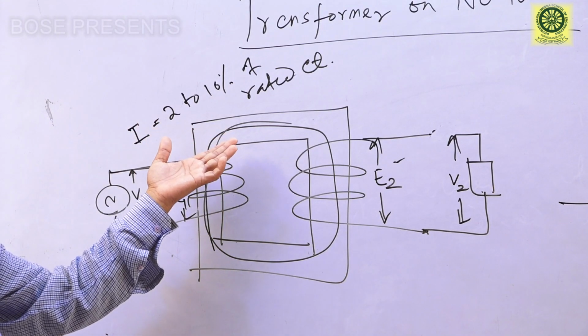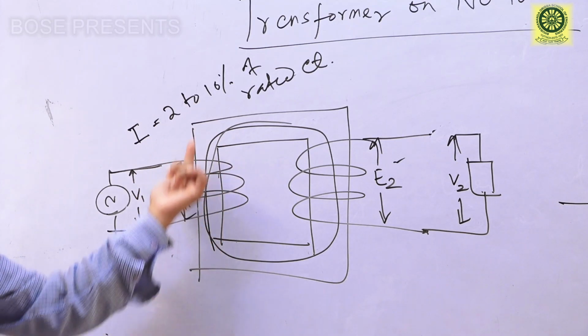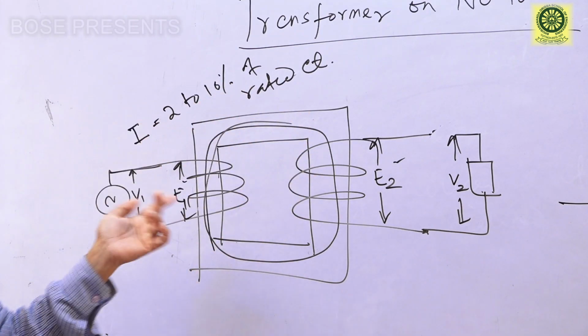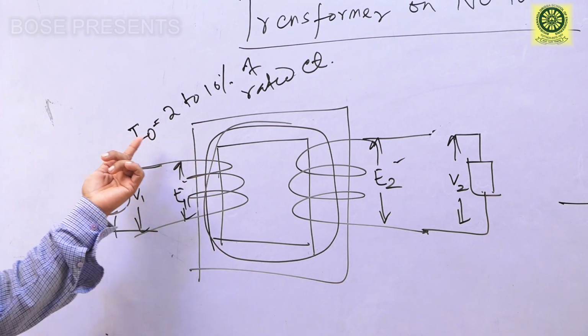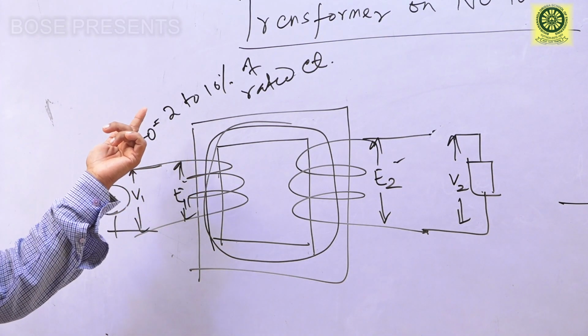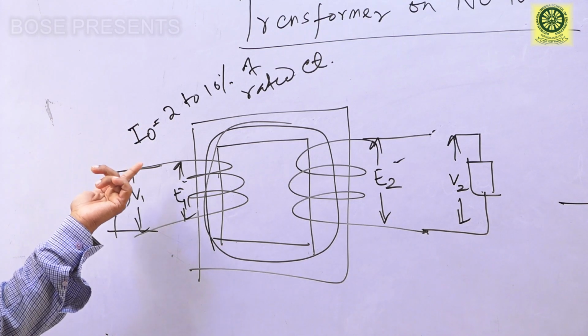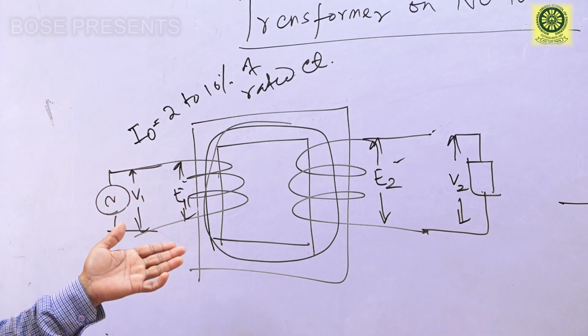This current, the no load current, is usually denoted by I0. It is maximum 2 to 10% of the rated current. This only flows in the primary side. There is no current in the secondary side.